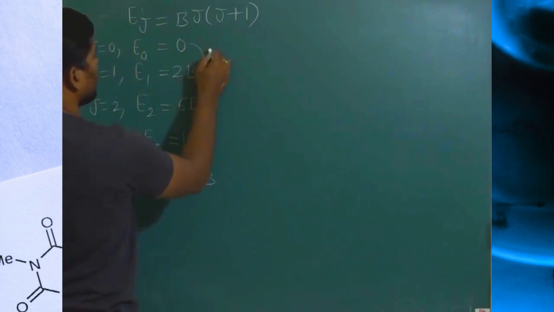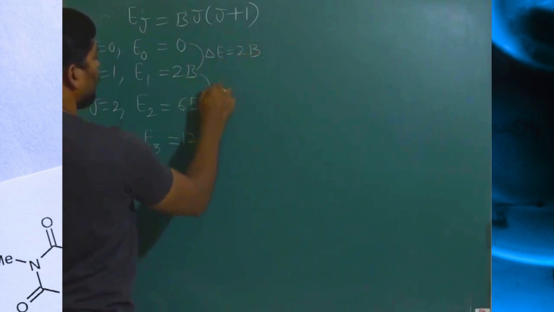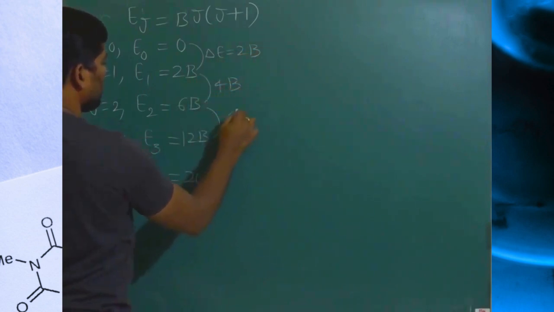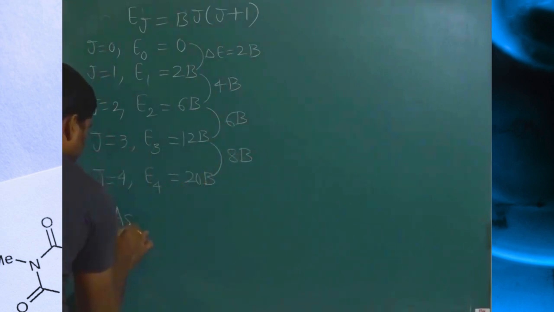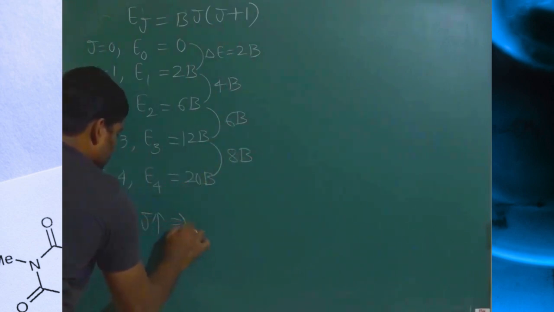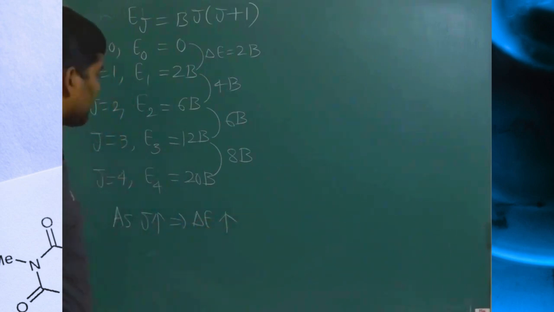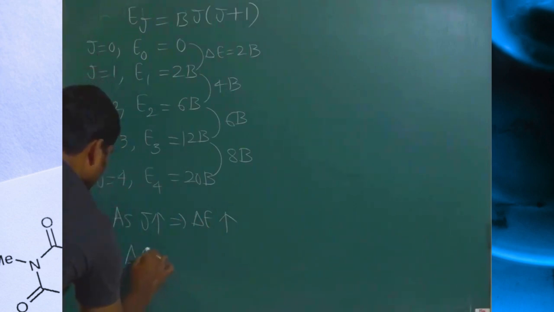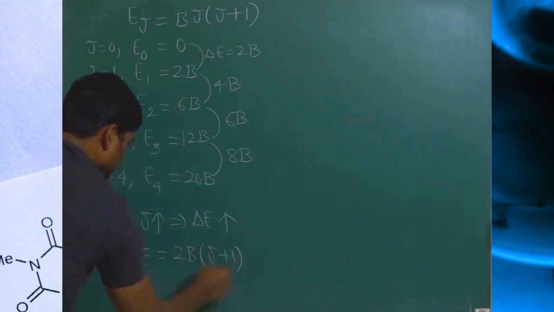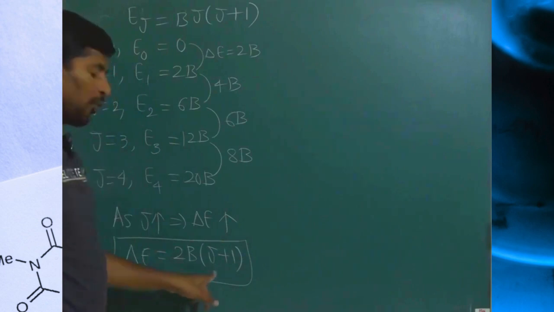The gap, if you see, delta E: here 2B, here 4B, here 6B, here 8B. That means as J increases, the energy gap also increases. The gap between any two successive energy levels is given as 2B into J plus 1.